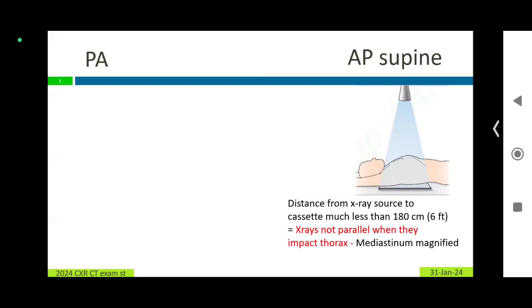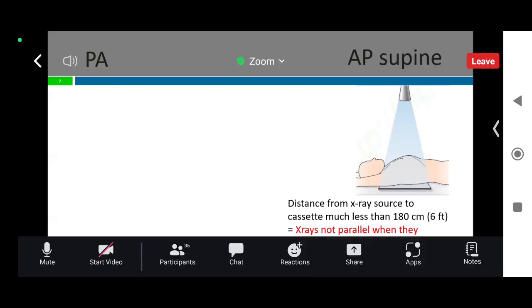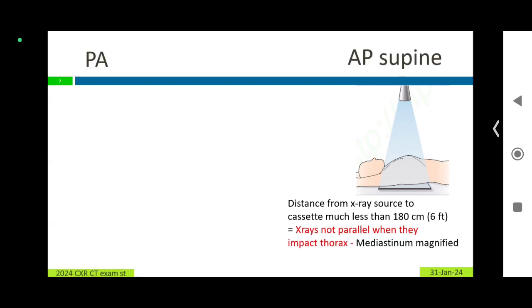We always have to know what is AP film, what is PA film. Less than 4 or 5 years, children are usually taken supine film. That means the X-ray cassette is behind our back. They make the child lie down supine on the X-ray machine with both hands abducted.